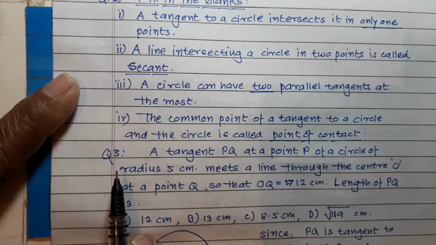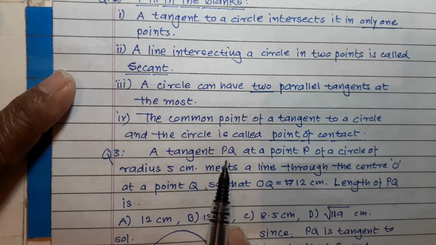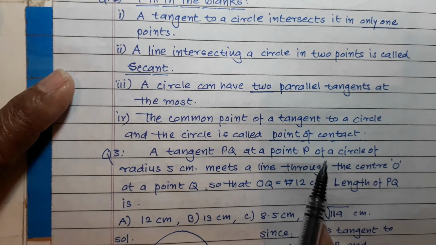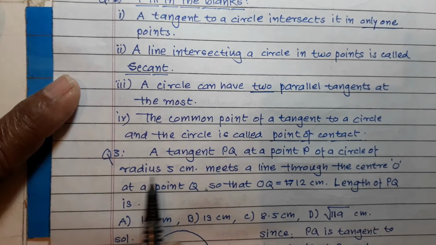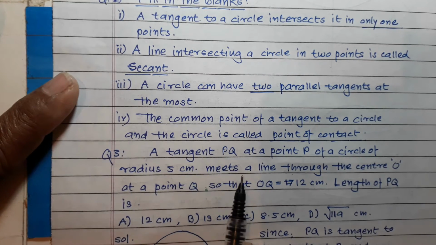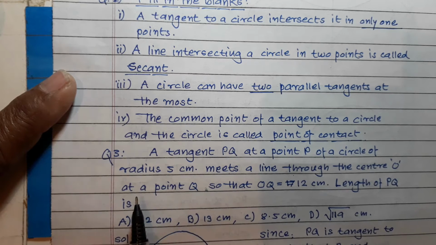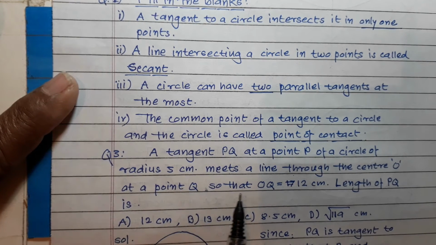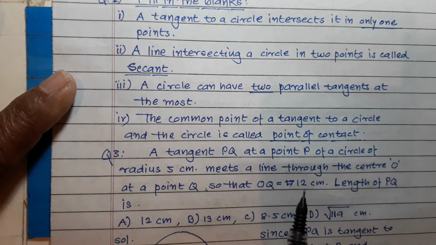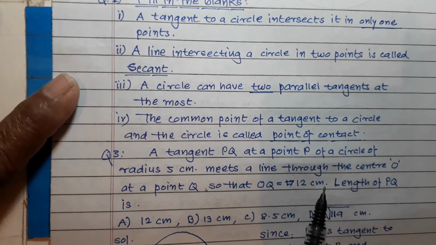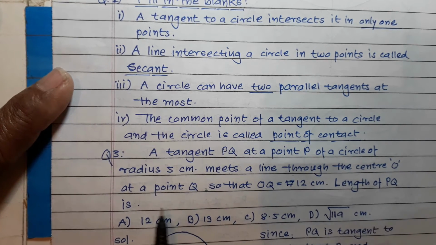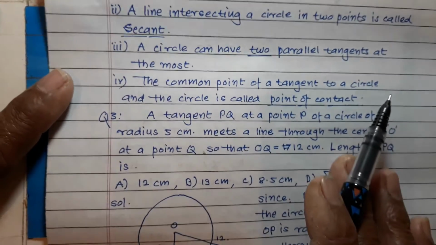Question number 3. A tangent PQ at a point P of a circle of radius 5 cm meets a line through the center O at a point Q so that OQ is equal to 12 cm. The length of PQ is?